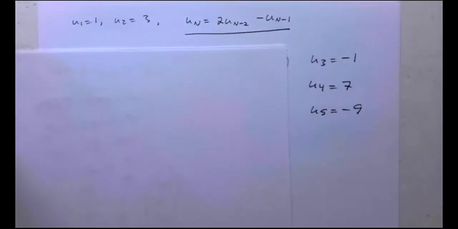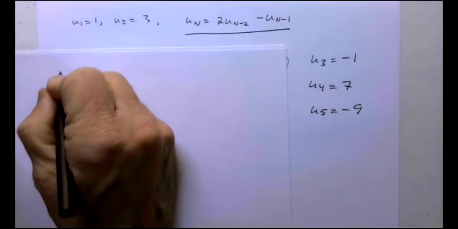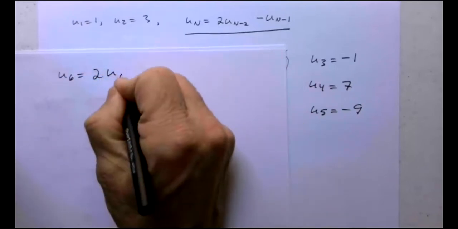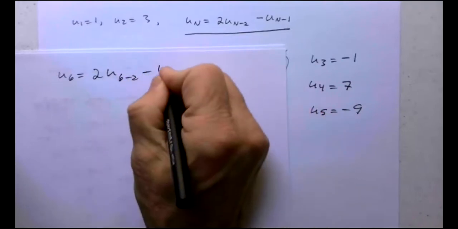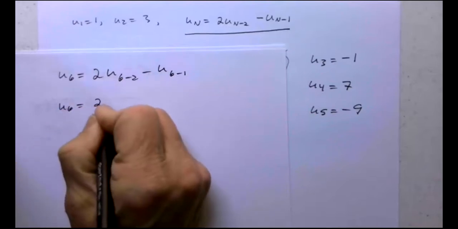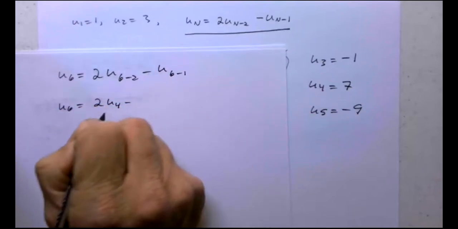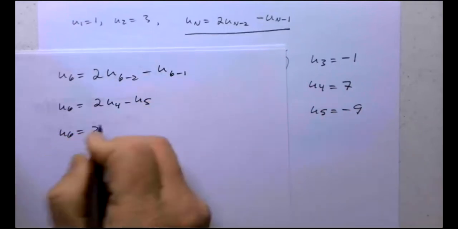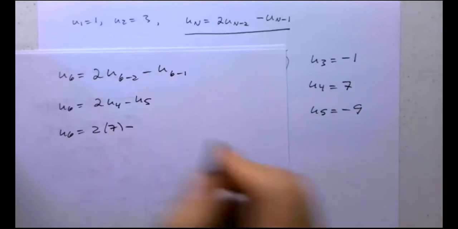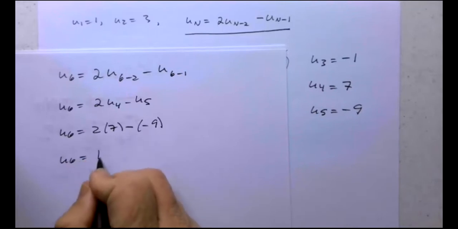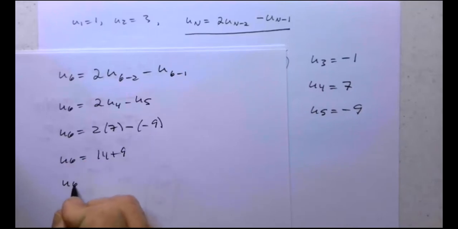Again, we have our recursive function here, u n, so replace n with 6. u sub 6 is 2 u6 minus 2 minus u6 minus 1. u6 is 2 u4 minus u5. u6 is 2 times u4, 2 times 7, minus u5, minus negative 9. 2 times 7 is 14 plus 9. 14 and 9 is 23.